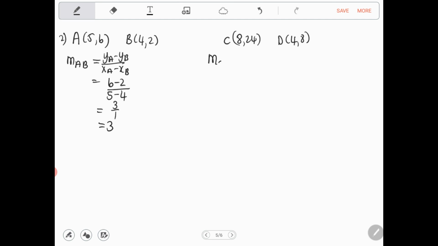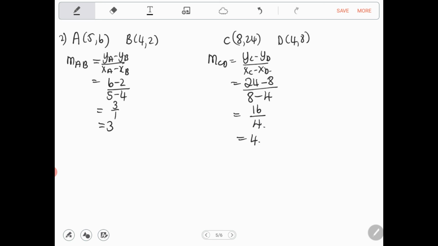Okay, the gradient of CD, there's my formula. The y at C is 24, y at D is 8, x at C is 8, x at D is 4. That's going to be 16 over 4, which is 4.